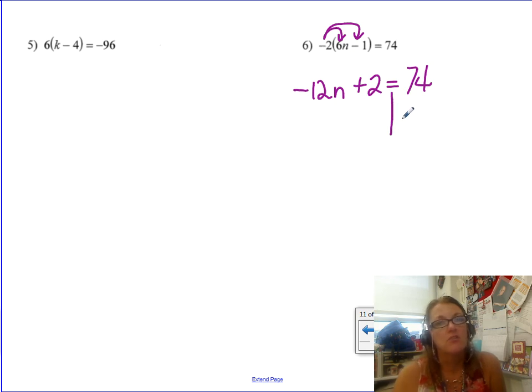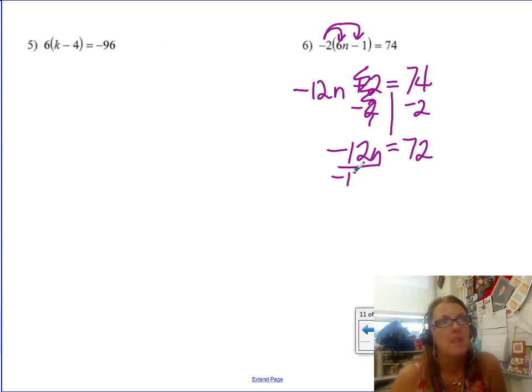Put your bar underneath that equal sign to make sure whatever you do on one side, you do to the other. I need to undo adding 2, so I'm going to subtract 2. Away it goes. That's 0 now. And 0 plus a negative 12n is just negative 12n. On this side, I get 72.